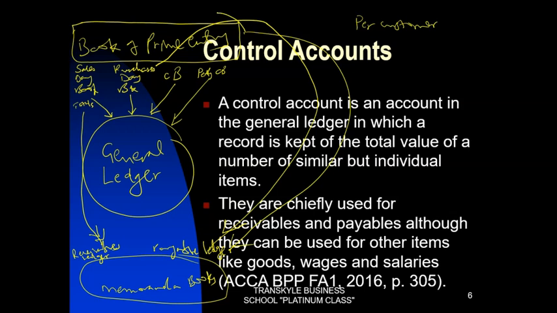Why is it so? Because in the receivables ledger, we have pages for each customer. Each customer has an account page of its own, another customer as well, and so on.